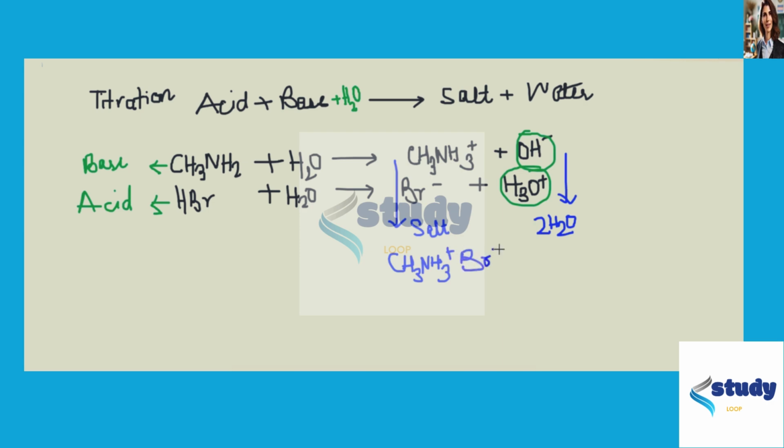Some people don't like to use these signs, but if you want to, you can always do that just to keep track of what your anions and cations are. Okay, so this is the basic idea. Once you have this down, you can tackle almost every other problem. New page.